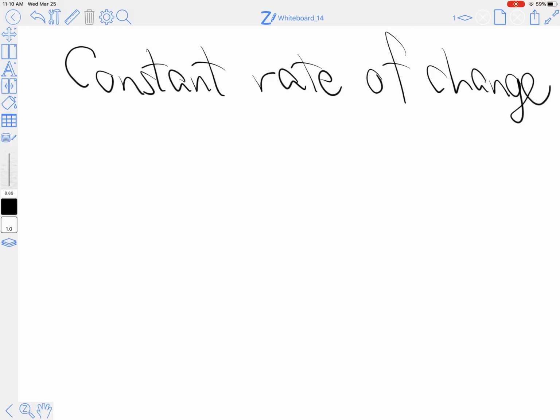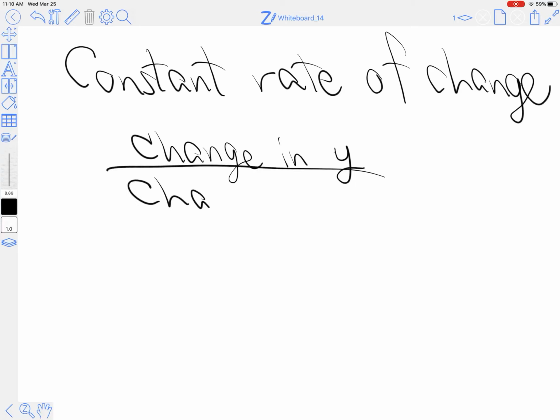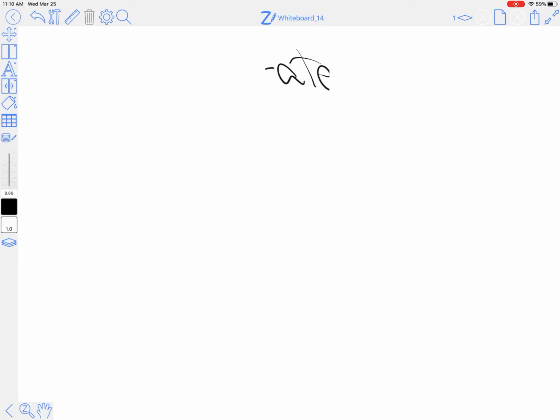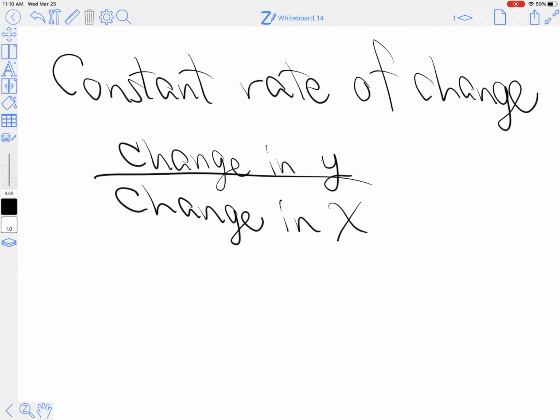Constant rate of change is the change in y over the change in x. And that might not make a lot of sense to you right now, but when we do a couple of these examples here, I think maybe it'll clear things up a little bit. So we should just know that constant rate of change is the change in y over the change in x, or we could say that it's the change in y divided by the change in x.